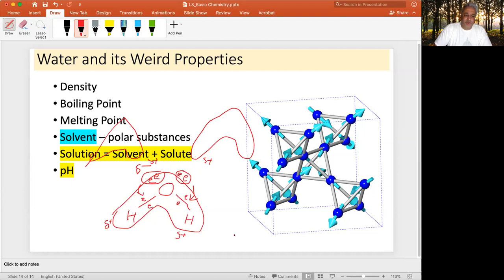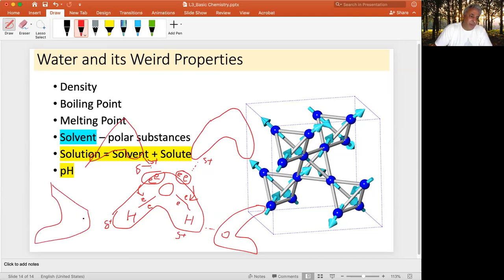Then another oxygen over here that belongs to this water molecule forms a hydrogen bond there. So hydrogen bond there, hydrogen bond here, hydrogen bond here, of course. And then another boomerang going across here will have its oxygen here that forms a hydrogen bond. So a single water molecule can form 4 hydrogen bonds with its surrounding partners.